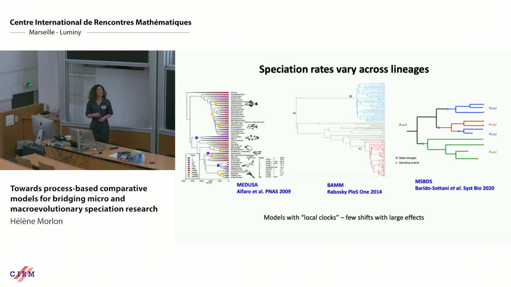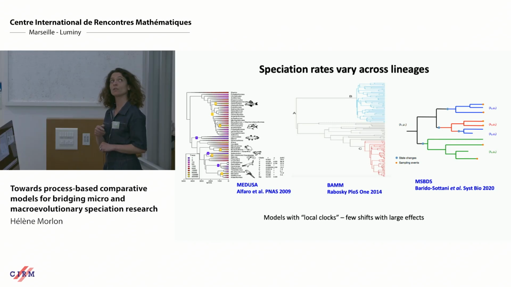Okay, so most of the models that have been developed in the literature are models with the equivalent of a local clock, meaning that there's a homogeneous rate of speciation and extinction that is shared across closely related species, so across monophyletic groups, and there are places in the phylogenies where there are changes in diversification rates.